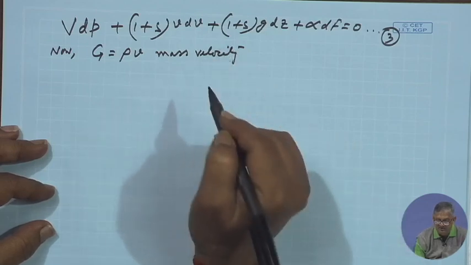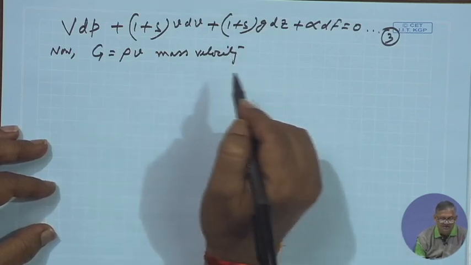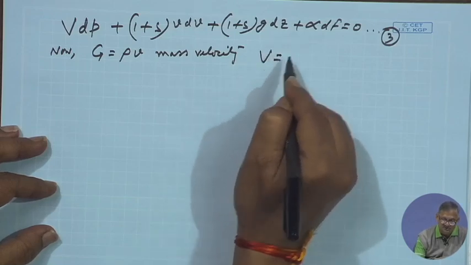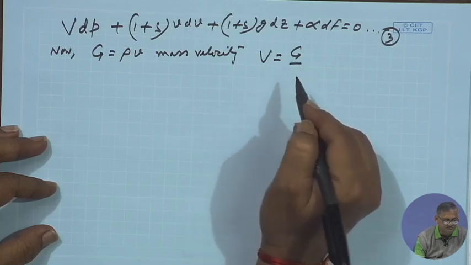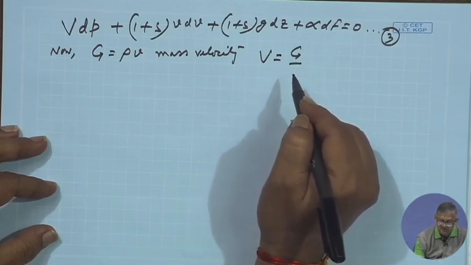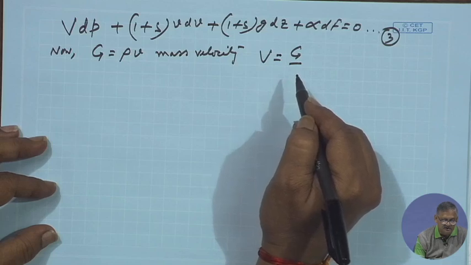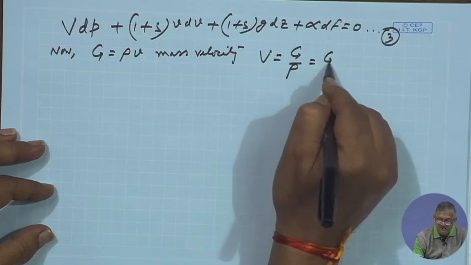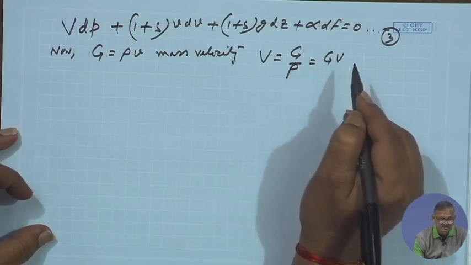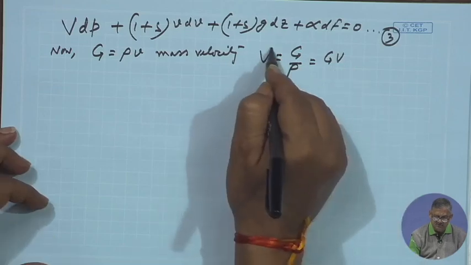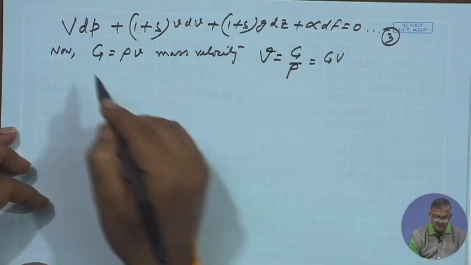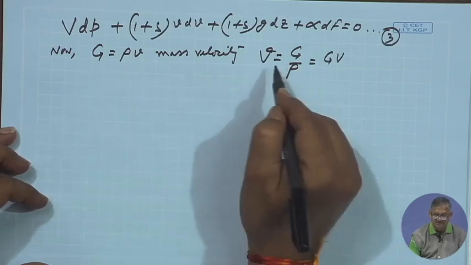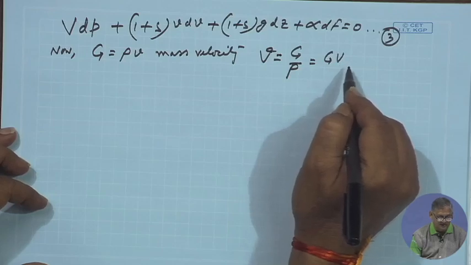If G is rho into V, that is mass velocity, then we can write that v is equal to G by rho, right. Then we can write v is equal to G by rho is equal to GV, right.